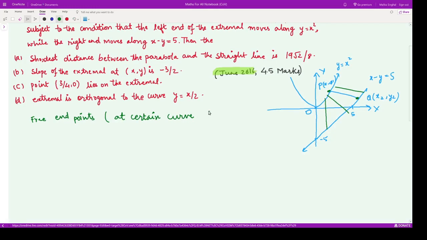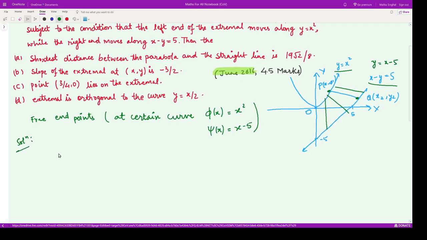In our case, say phi(x) is equal to this first curve, so phi(x) would be x², and another curve psi(x) would be equal to this curve. So let us calculate the value of y from here. So y would be x − 5. So another curve, this would be x − 5, right?